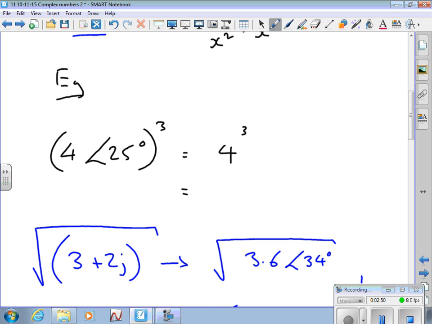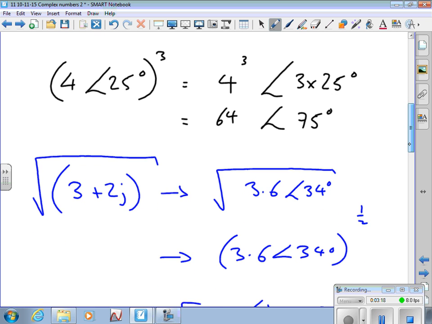We raise the modulus to the power 3, so 4 cubed, and the angle would be 3 times 25 degrees. 4 4s are 16, 4 16s are 72. Is that right? 4 16s? Yeah, 64. Thank you, saved me there. Angle 75 degrees. Applied. Done.